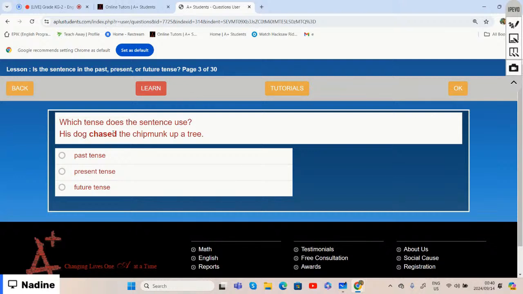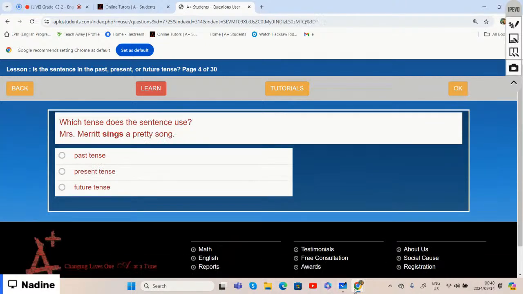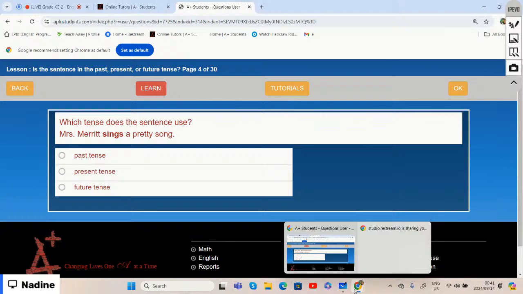Remember, we said if it ends with a D or ED, then it is in the past tense. So chased is in the past tense. Well done. Chased is in the past tense, which is option one.